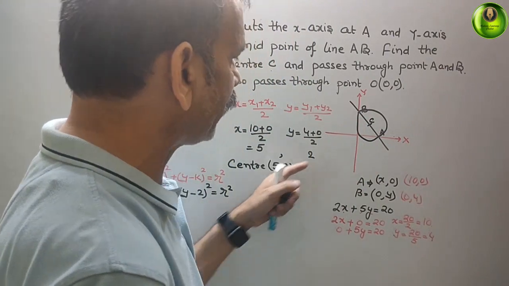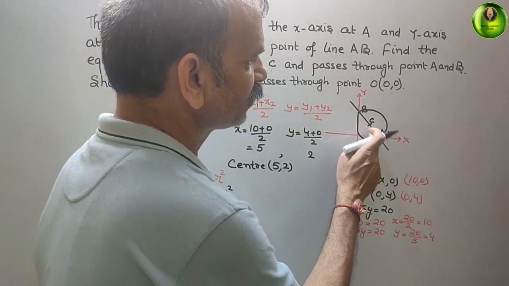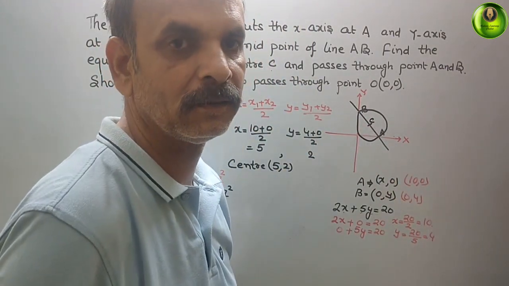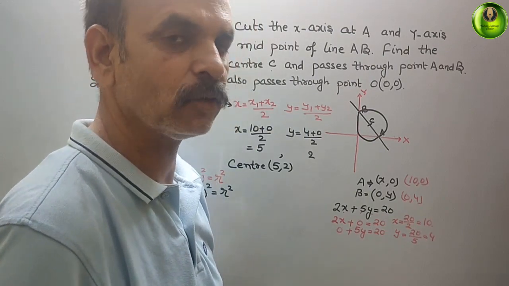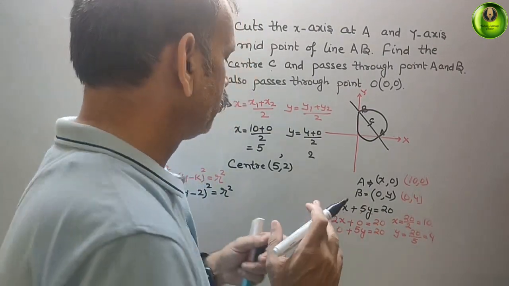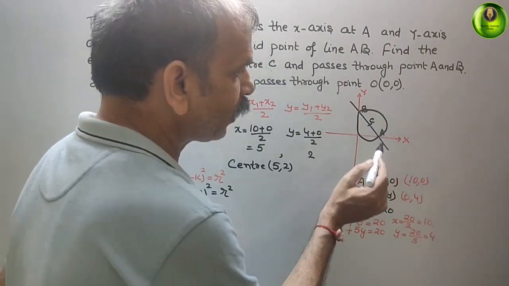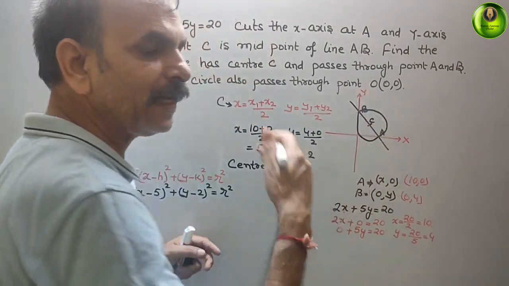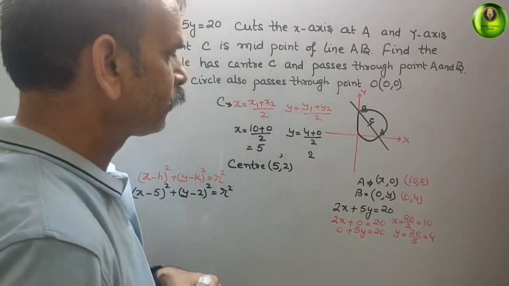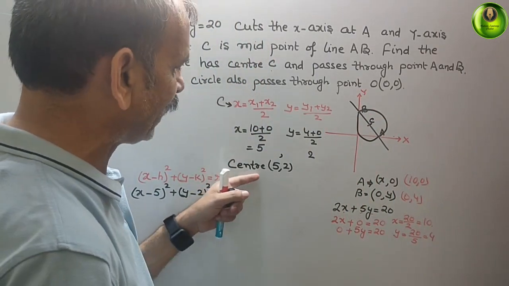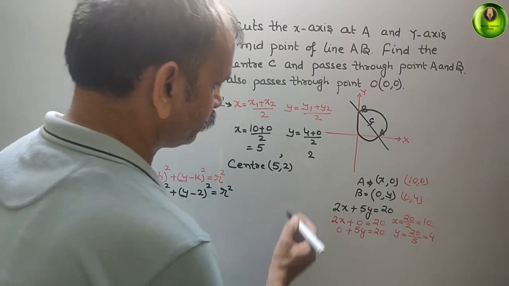So now we will find the radius of this circle. You can use the distance formula with the center and A, or the center and B, anything. We will take the center and A.